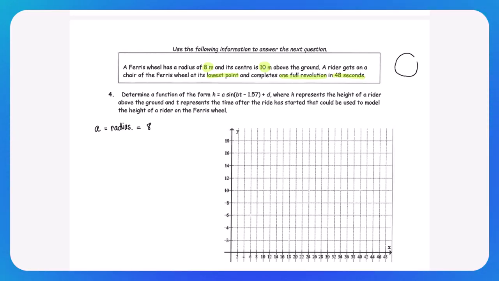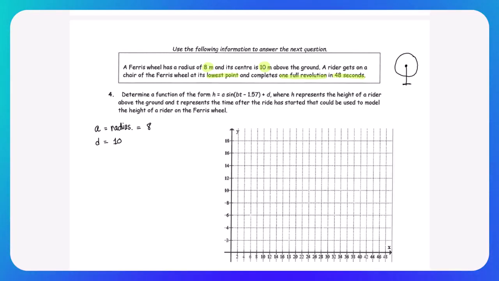Remember that the center of the Ferris wheel represents the average height, or in other words, the distance of the center above the ground, and that's our D value. So the center, which is 10 meters above the ground, means that our D value is 10.